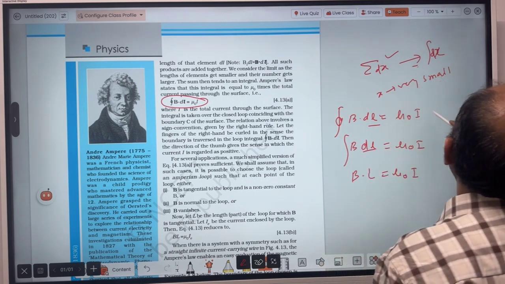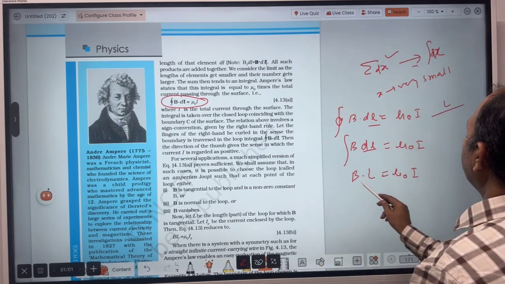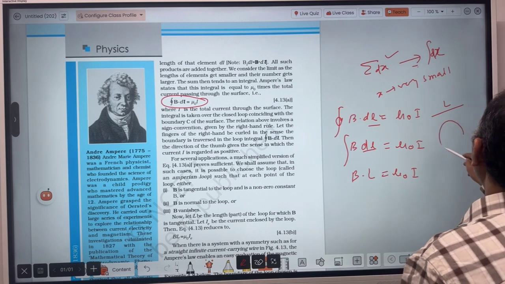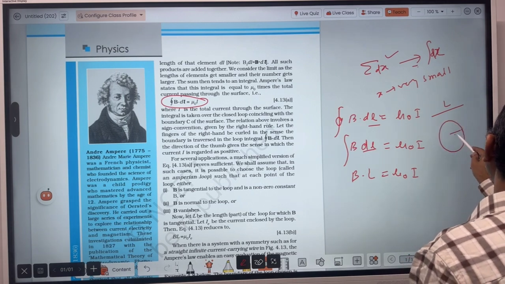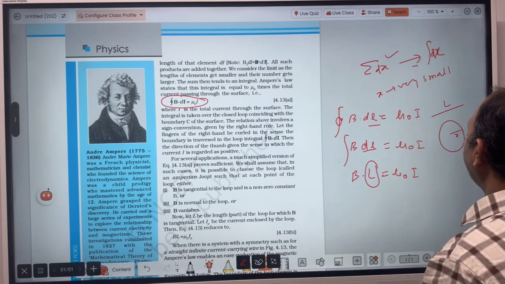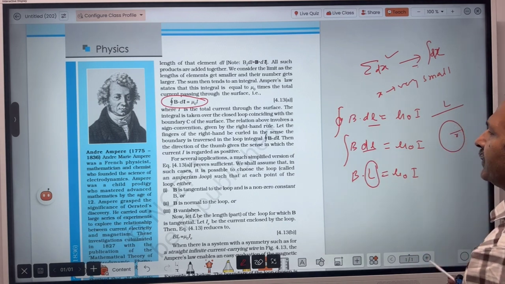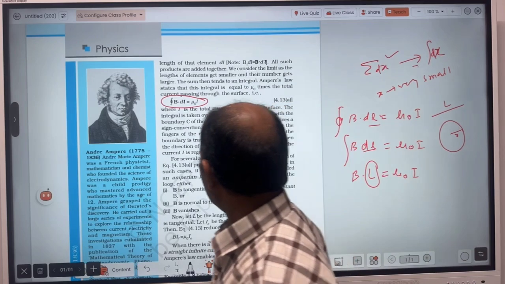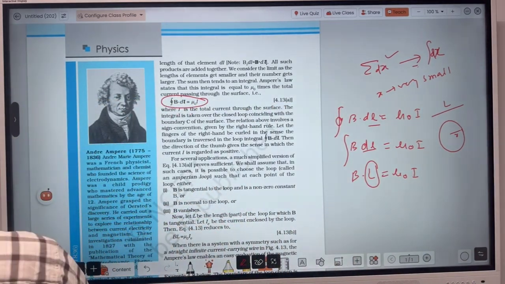If suppose this is wire of length L, then it will remain like this. If it is a loop of radius r, then this L will become 2 pi r. So it depends on context, and you can make use, then different results you will get.